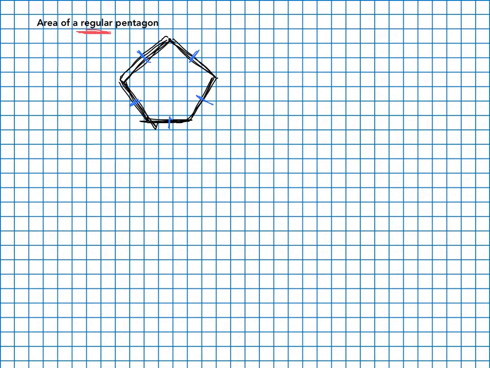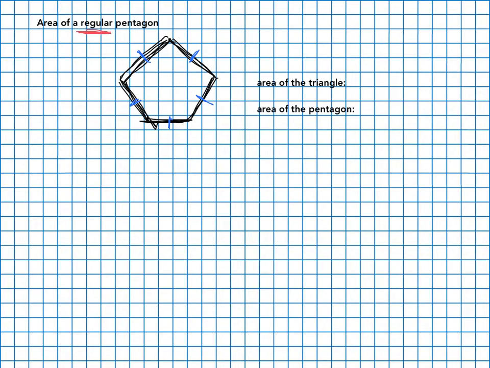Now what we want to do is find the area of the triangle, and then, using that information, find the area of the pentagon.